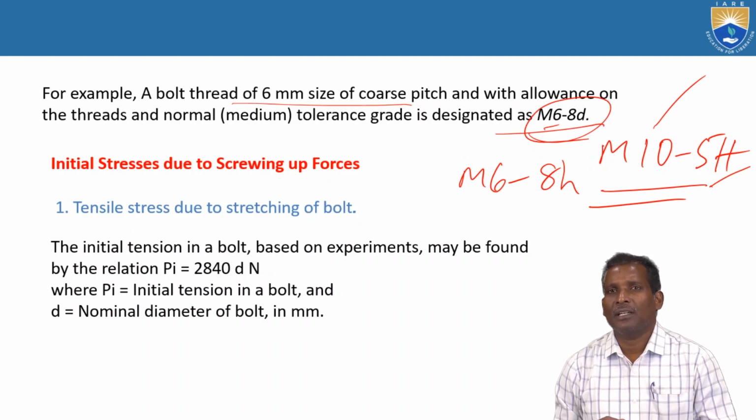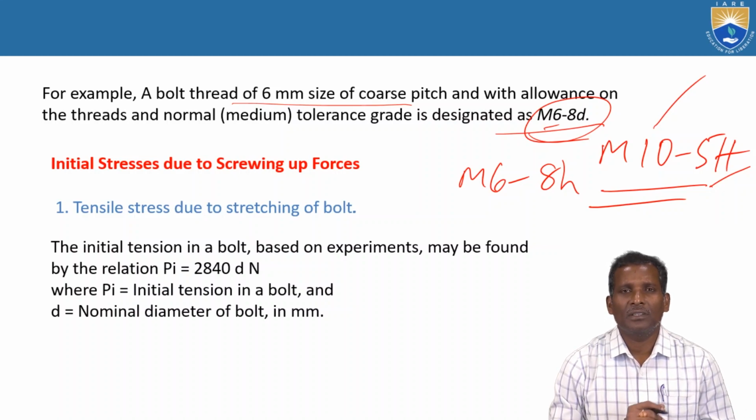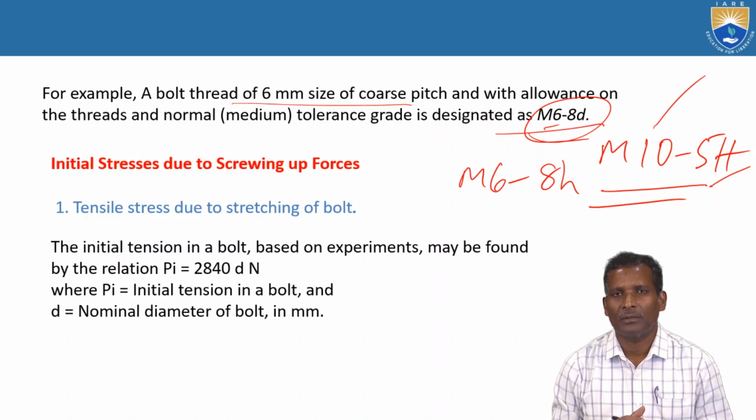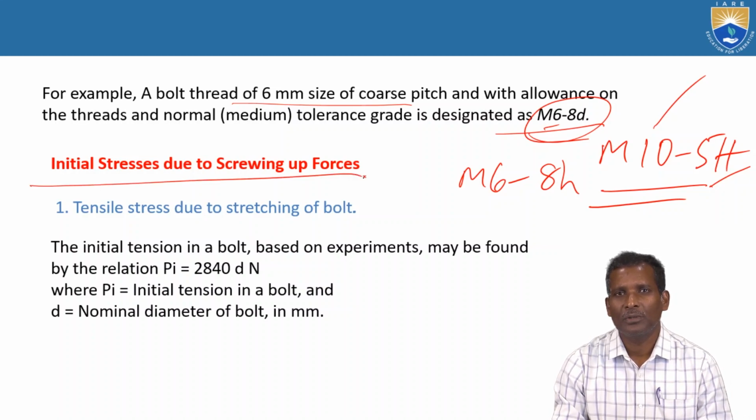Next, what are the stresses induced in the screw threads when it is screwing up or screwing down? The initial stresses induced in the screws are due to tensile load and compressive load. First one is tensile stress due to the stretching of bolt.